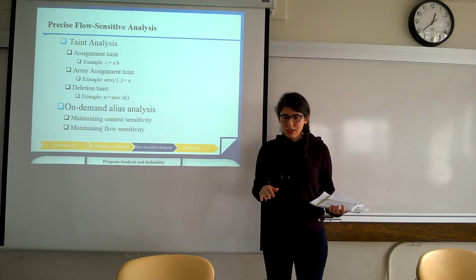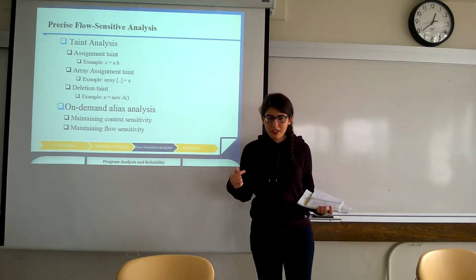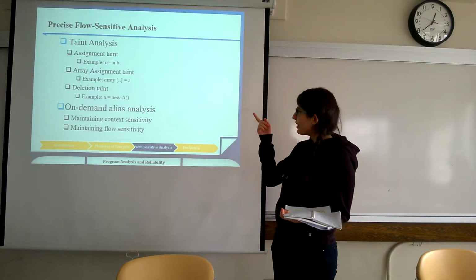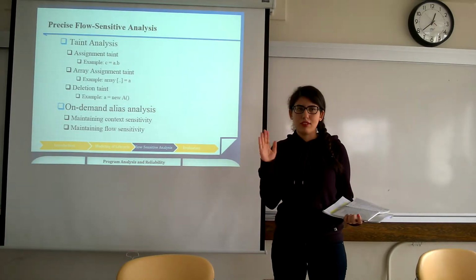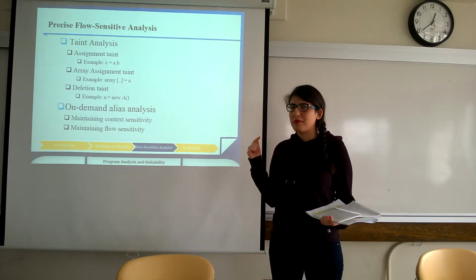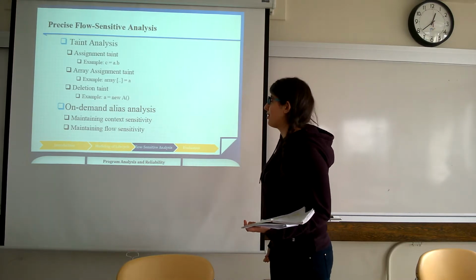So how do they do the taint analysis? There are 3 points to think about. The assignment: for example, here in the example, if a or one of its fields, doesn't matter, is tainted, we consider c a tainted variable.